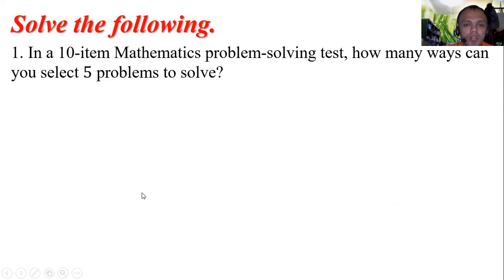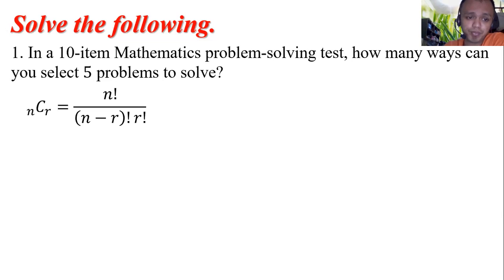Now, for the word problems: in a 10-item mathematics problem solving test, how many ways can you select 5 problems to solve? In a 10-item test, you select 5. There is no order, so whatever you choose, no order is mentioned. So it is a combination.